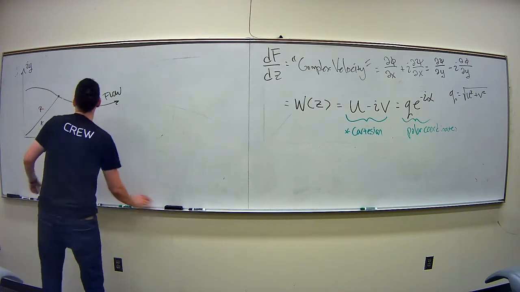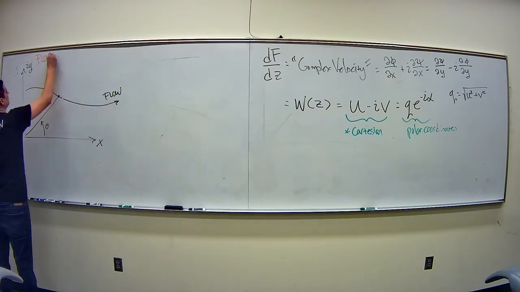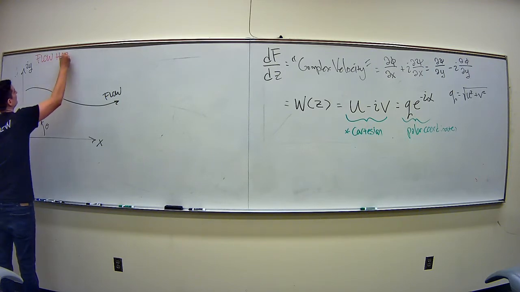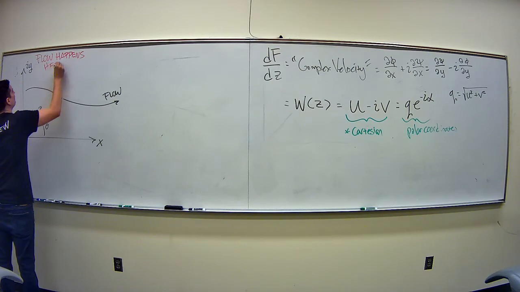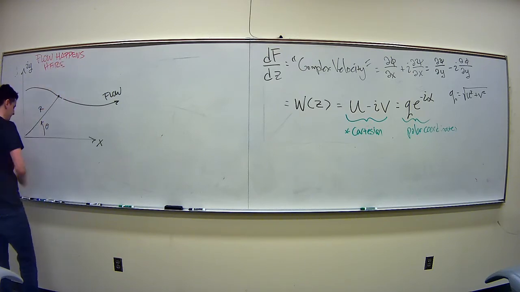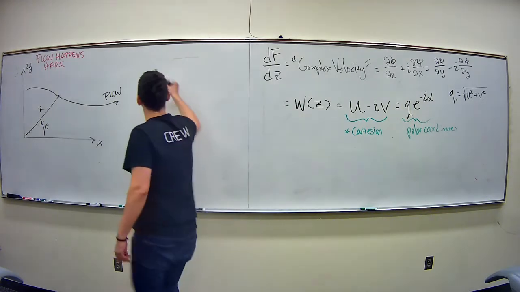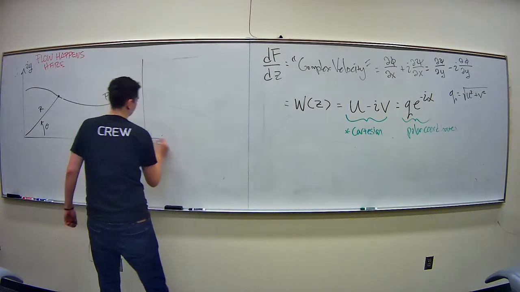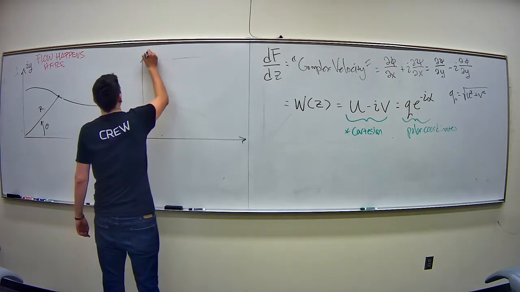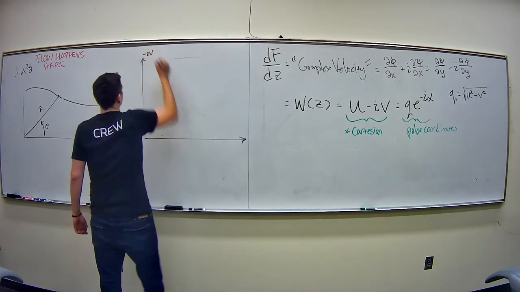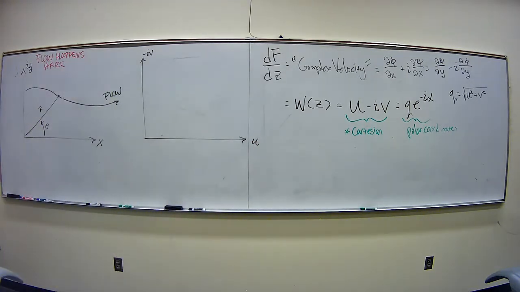So importantly, the idea is that the flow happening here in this plane, the idea of this velocity potential giving you the W of Z, transforms you to a different plane, where my axes are now u's and v's.